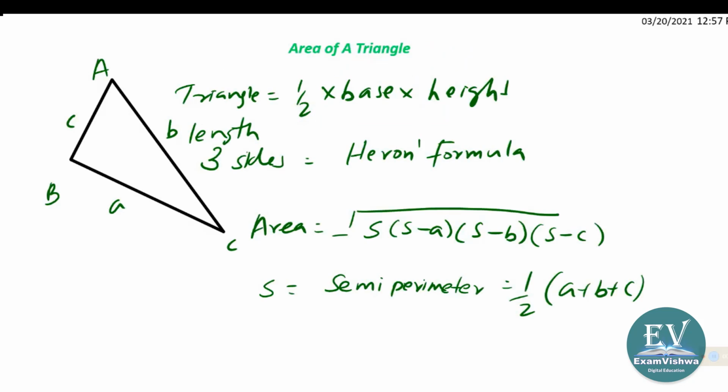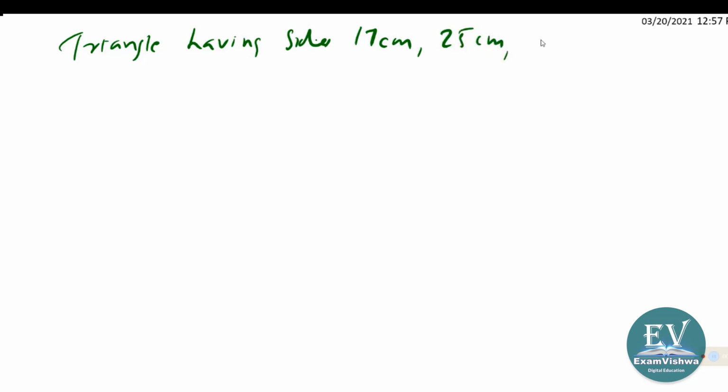For that, I will be giving you an example here from your textbook. The textbook says that if there is a triangle having sides 17 centimeter, 25 centimeter and 26 centimeter, we are asked to find out the area.